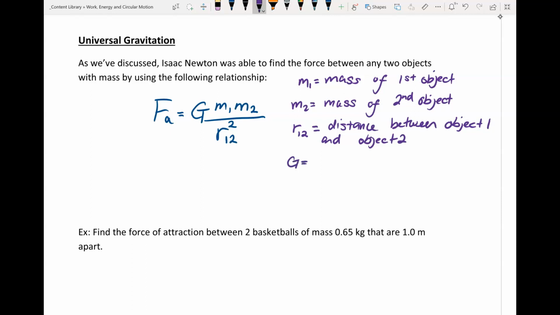G is a constant, which is 6.67 times 10 to the power of negative 11, and the units are newtons times meters squared divided by kilograms squared. Again, this is called the universal gravitation constant.